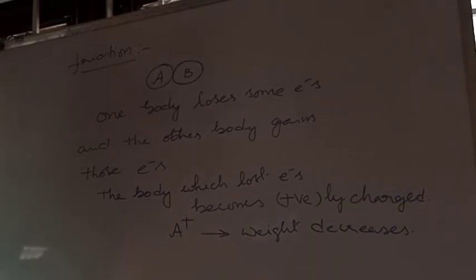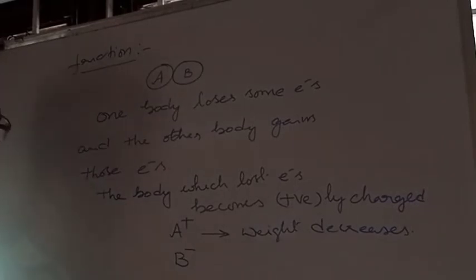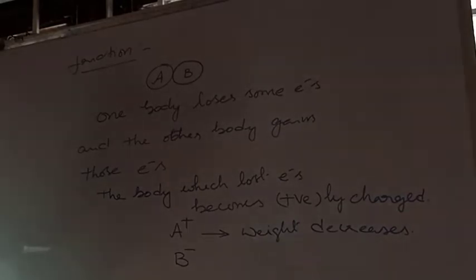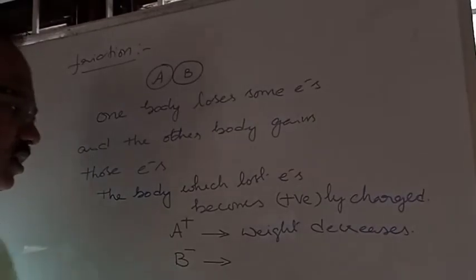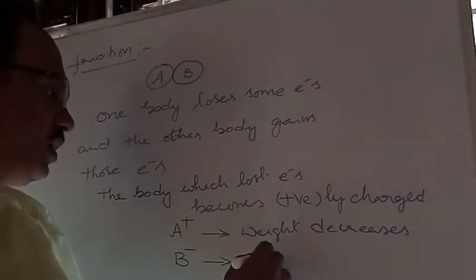And the second body, let it be B, acquires those electrons and becomes negatively charged. So B becomes negatively charged, and as it gained those electrons, its weight increases.